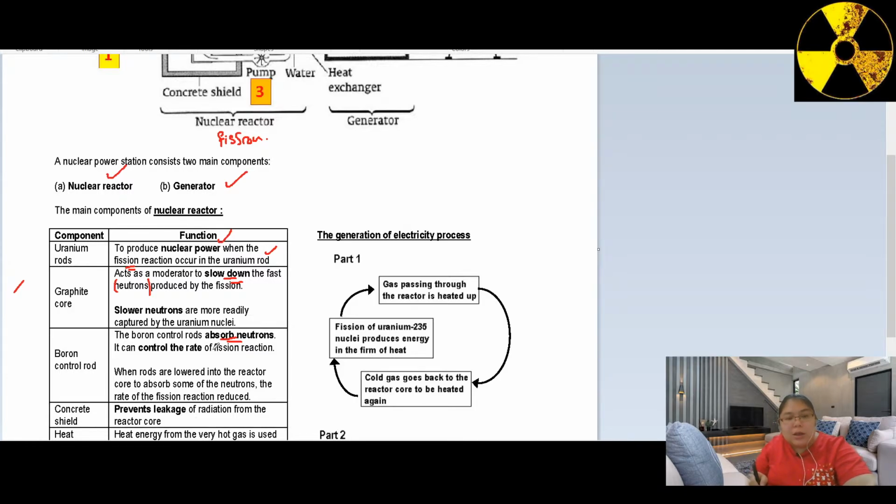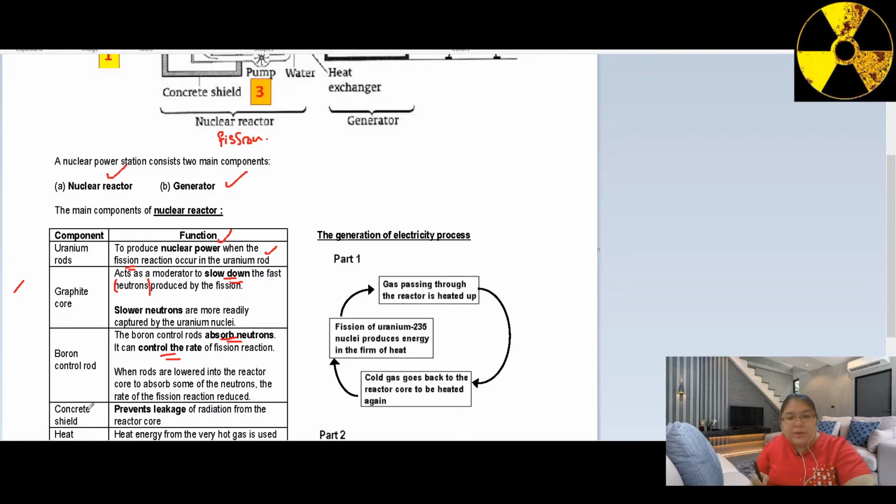When they absorb, that means they control the rate of fission. Absorb means you don't have any fission already, is it? So from here, they control the rate. When the rods are lowered into the reactor core to absorb some of the neutrons, the rate of fission will be reduced. Just now just slow down the neutron, this one straightforward absorbs the neutron. So the whole process can be less.